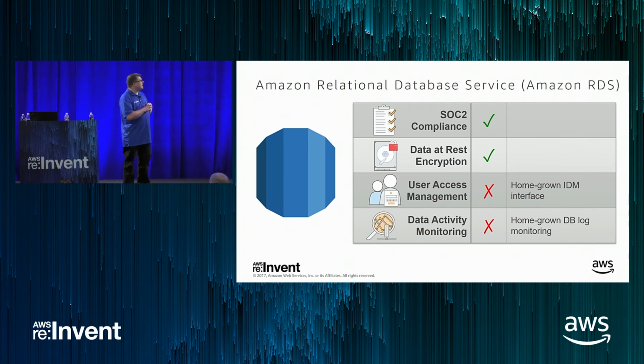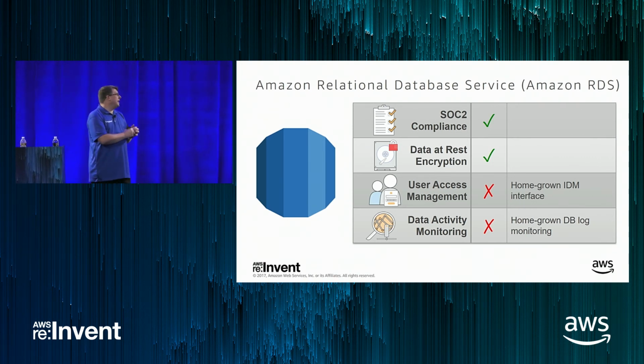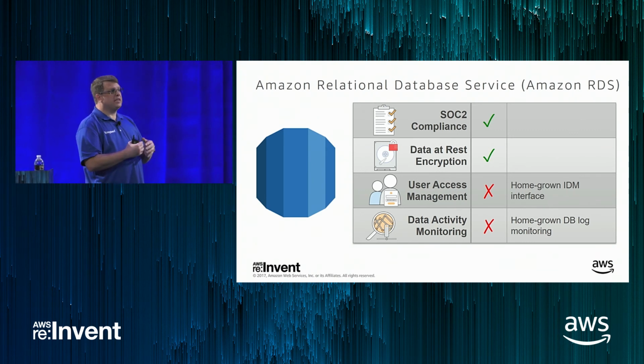And then finally, data activity monitoring is the recording of every select, insert, update, and delete that happens on those databases, which is absolutely necessary for consistency, integrity, and also data loss prevention. We can tell exactly when data was read from our database.